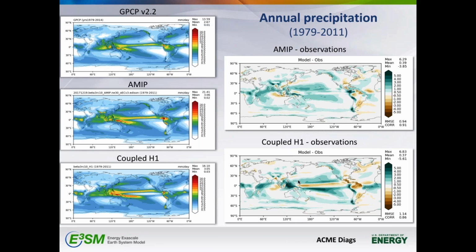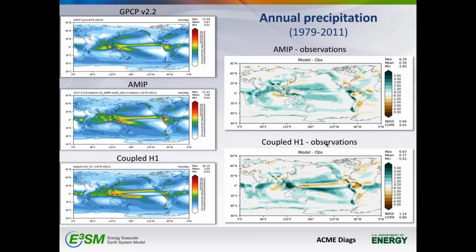So this is the precipitation, showing the actual precipitation here on GPCP observations, the CMIP precipitation and the precipitation from the coupled model. And there on the right, showing the difference between CMIP and observation and coupled and observation.